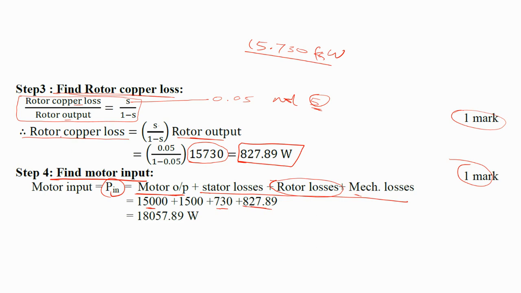Here we are not considering the rotor iron losses, we are considering only copper losses. So after the addition of motor output and all the losses which take place in the motor, we have the final motor input. This is electrical power, that is 18,057.89 watt. This is the actual electrical input given to the motor.